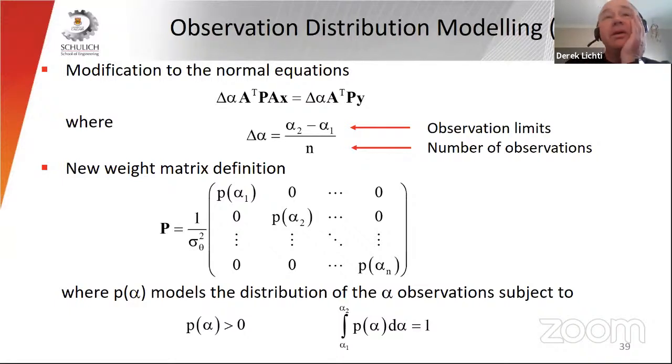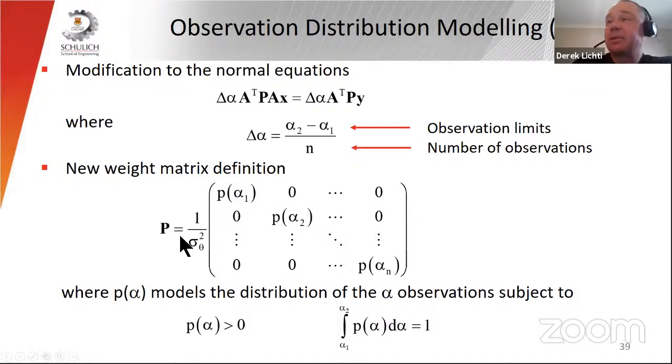First thing is we're going to multiply the normal equations by this quantity delta alpha. So we have delta alpha equal to alpha 2 minus alpha 1. And these are just the observation limits, the minimum and maximum values, normalized by the number of observations. Okay. And then we're going to redefine our weight matrix.